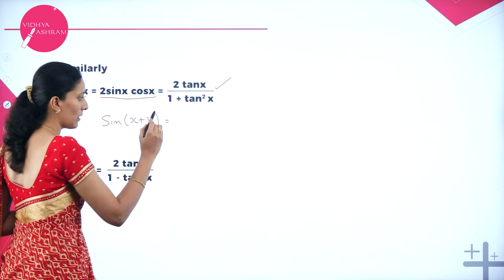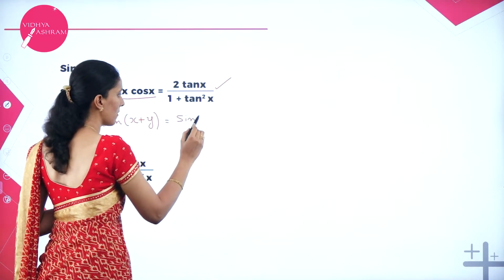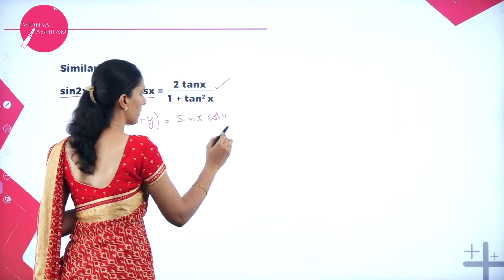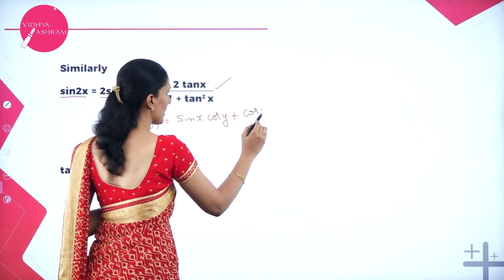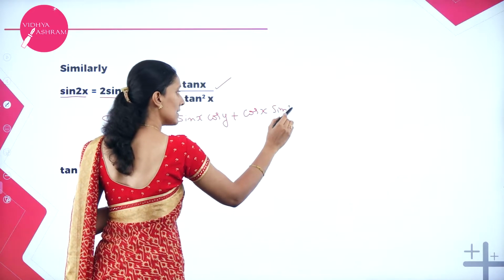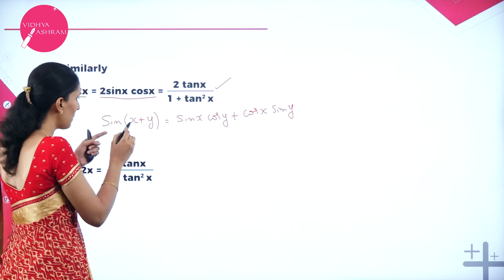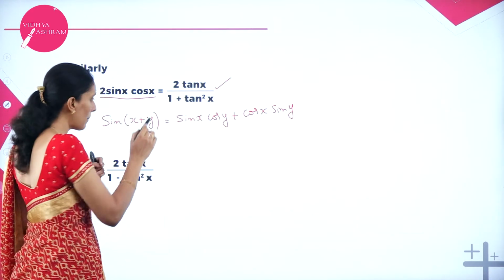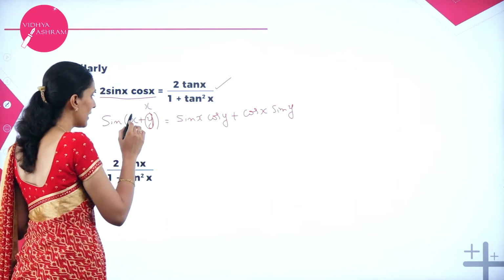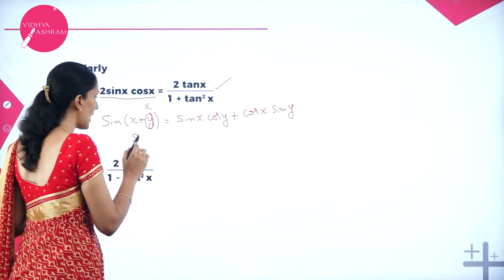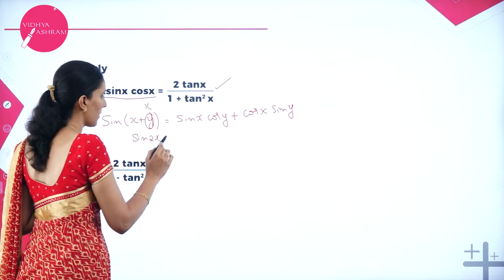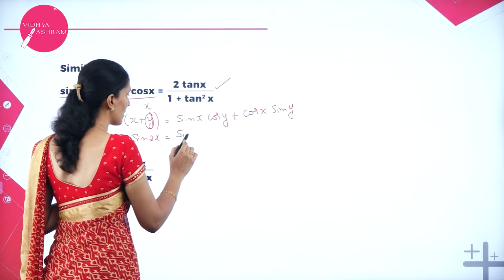What is sine x plus y? Sine x cos y plus cos x sine y. Same as we did for the cos 2x formula, replace y by x. What happens if I replace y by x? Here x plus x becomes sine 2x. Now this is your sine x.